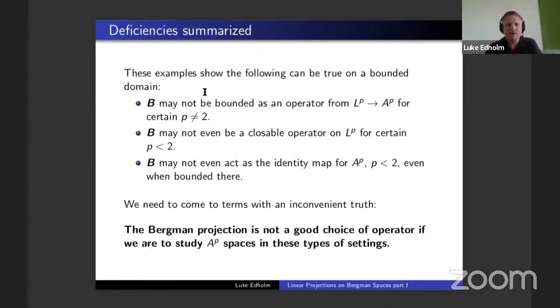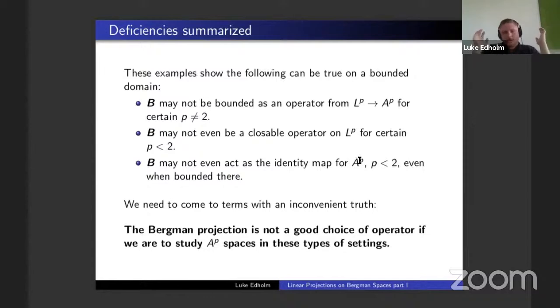So to recap, B might not be bounded as an operator from LP to AP for certain p not equal to 2. It might not even be a closable operator on LP for certain p less than 2. And even if it is bounded from LP to AP, it might not act as the identity map on AP.